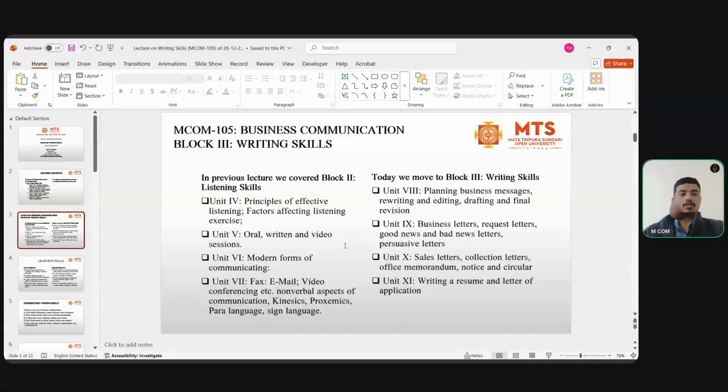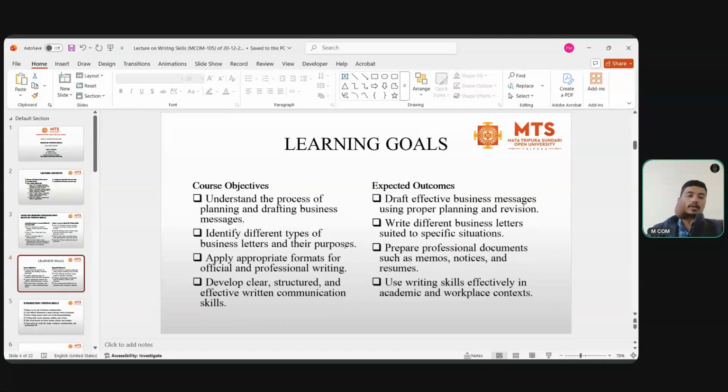So remember, block 2 taught us how to receive messages properly, and block 3 teaches us how to send messages effectively. So now let's move on to learning goals.